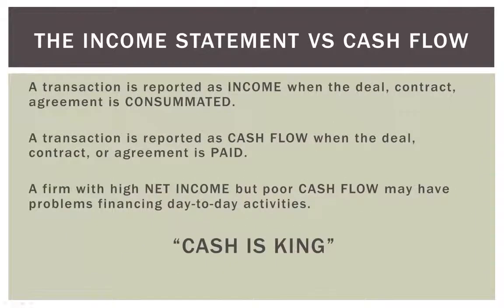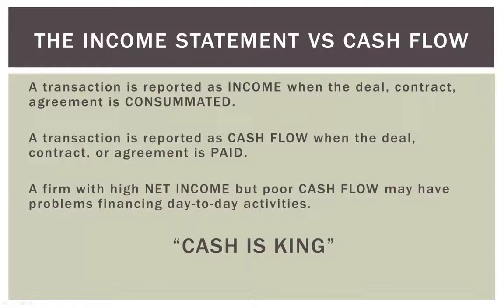Now, a transaction in a business is reported as income when the deal or the contract or the agreement is consummated. So if we are a producer and a company decides to buy a certain number of our products, as soon as that deal is in writing, the ink is dry, we can report that income on our income statement.